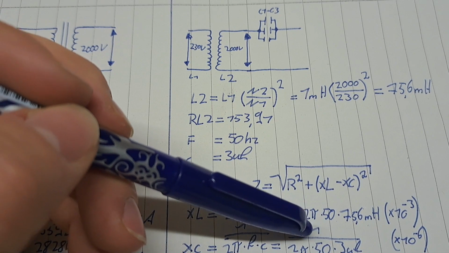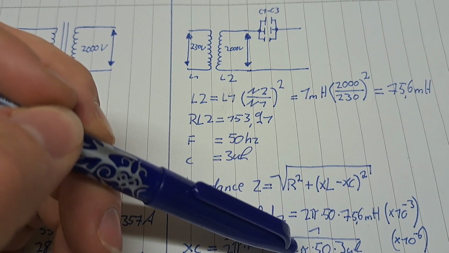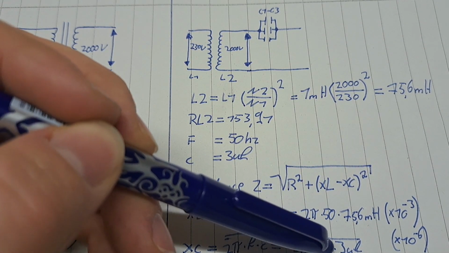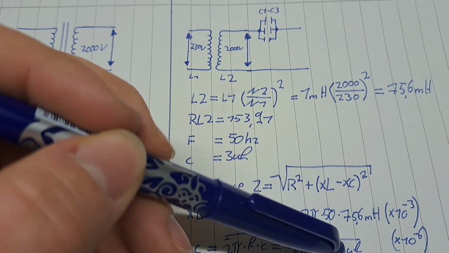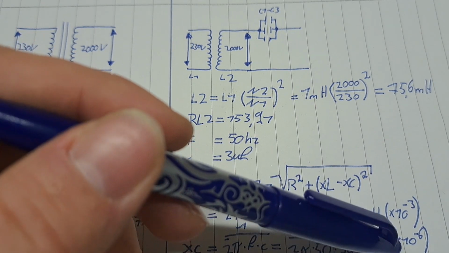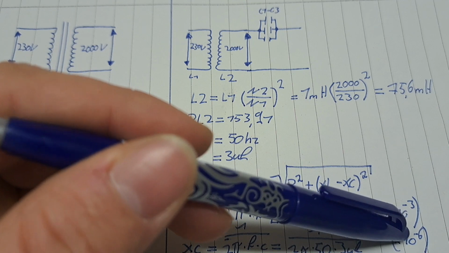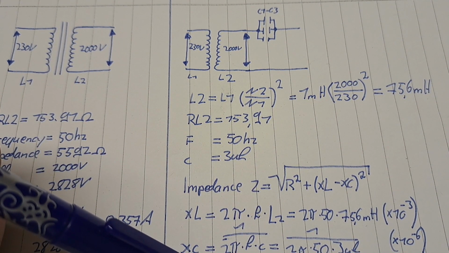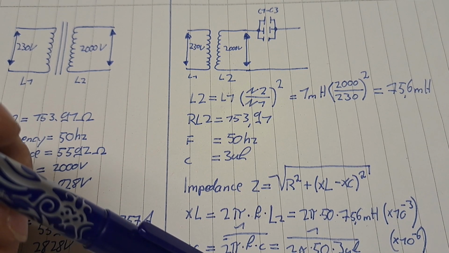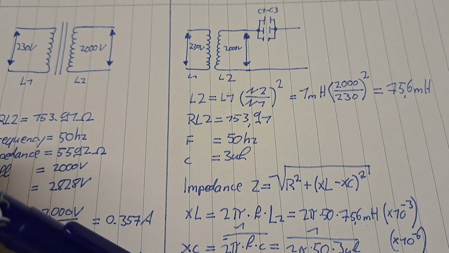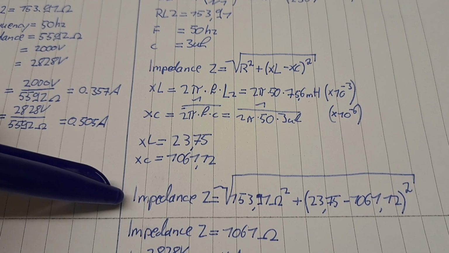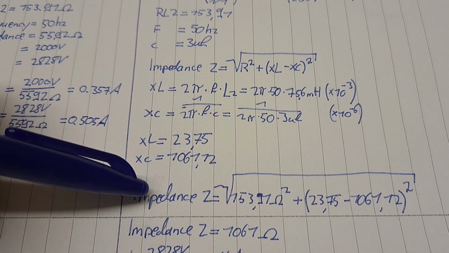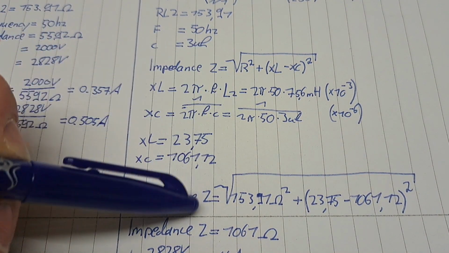So if we put the numbers in, it's 1 divided by 2 pi times 50 times 3 microfarad. For microfarad, it's times 10 to the minus 6, and it equals 1061.72 ohms.